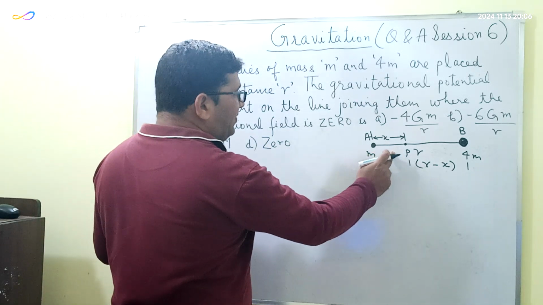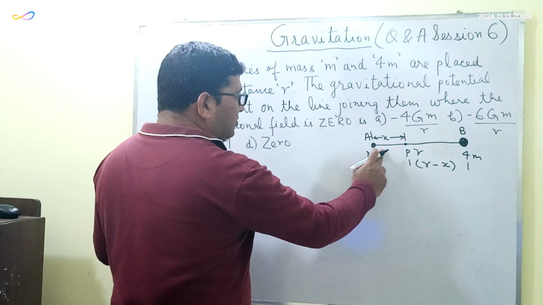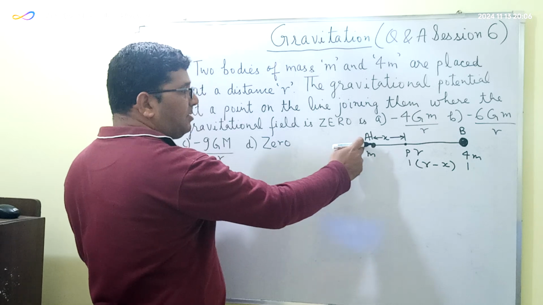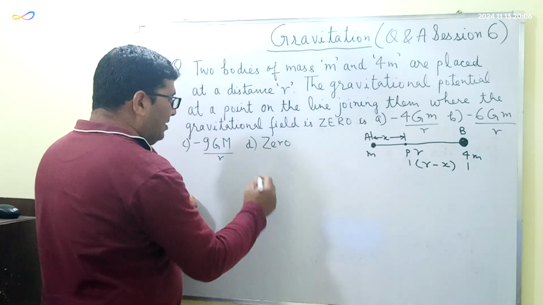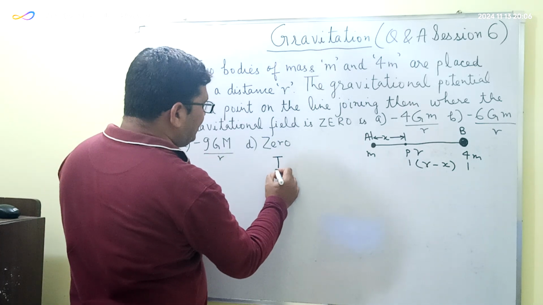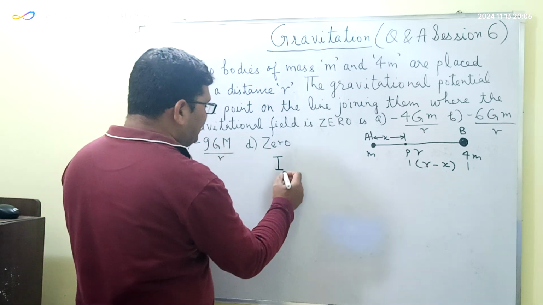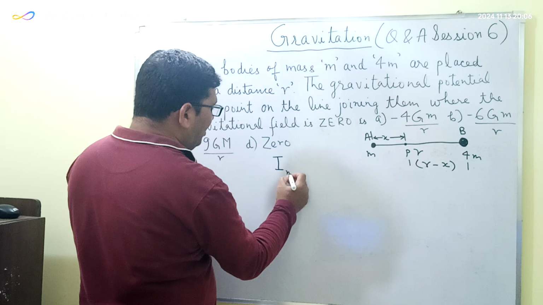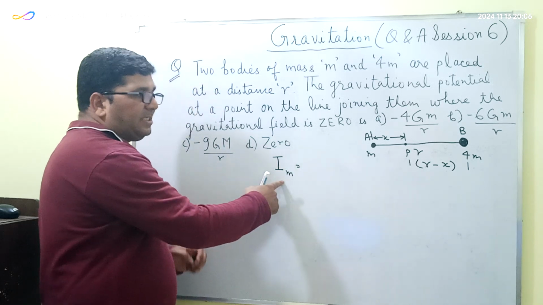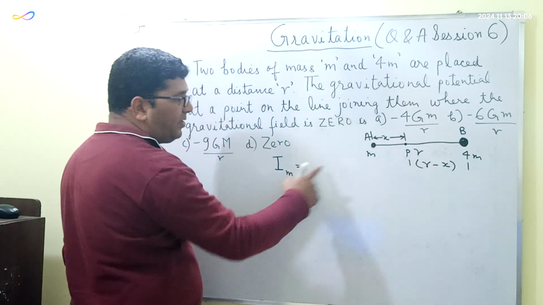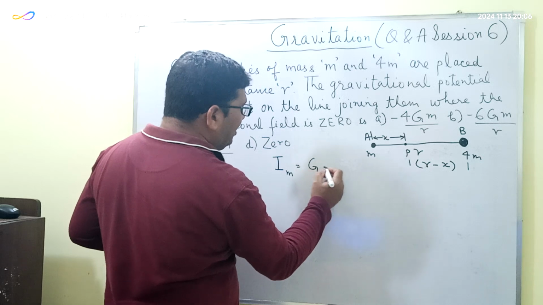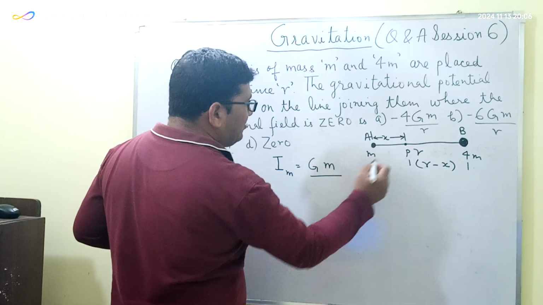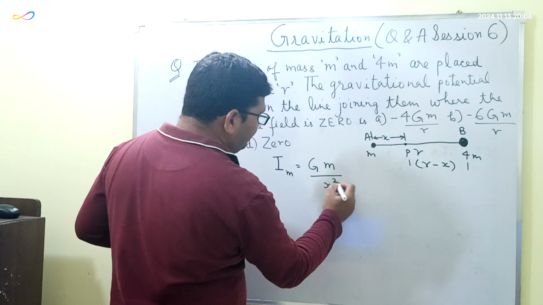The gravitational field intensity at this point P due to the body of mass m, placed at A, is I_m, and this will be equal to G m divided by x squared.